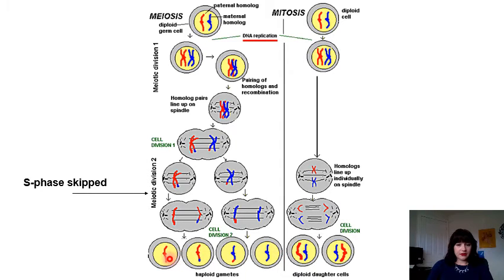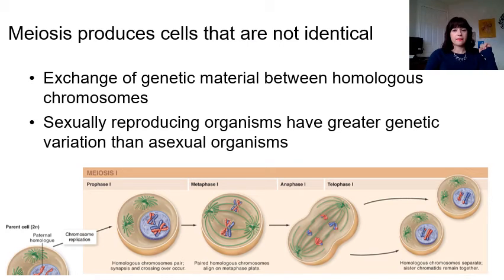Now, if we did not have crossing over during meiosis, we wouldn't have as much variety in the genetic composition of each of these gametes, right? And so this is why you don't look exactly like all your siblings. Again, meiosis produces cells that are not identical.